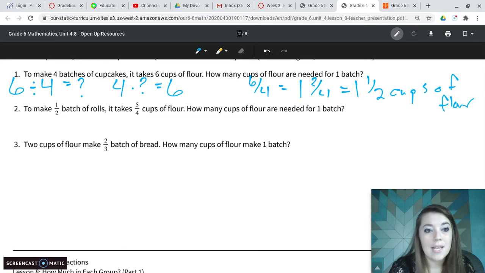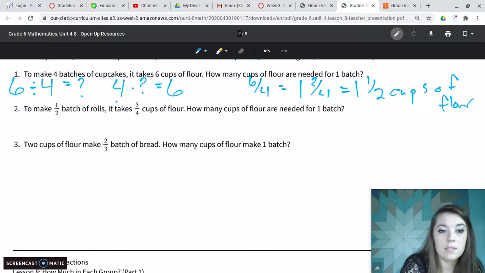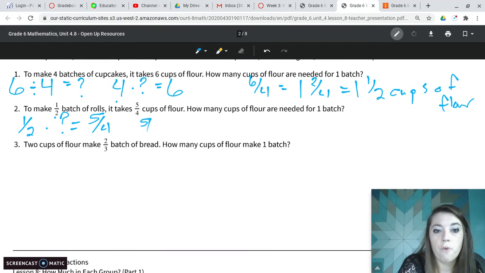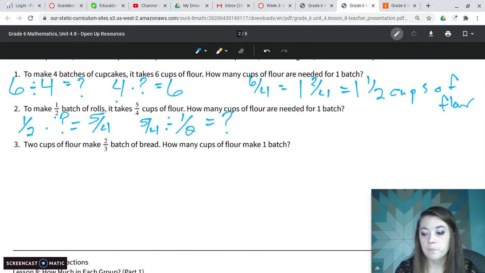So we're going to take those batches just like we did here, because this is the batch. So a half times something will equal our 5/4. Or 5/4, we take our flour, divide it by our batches to find out how much we need for one batch.